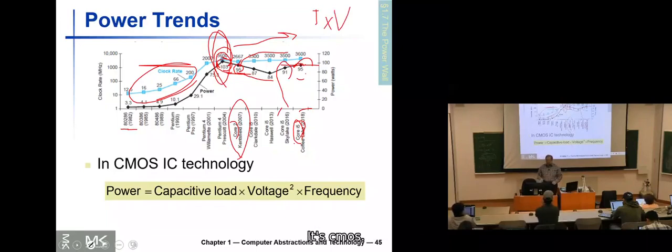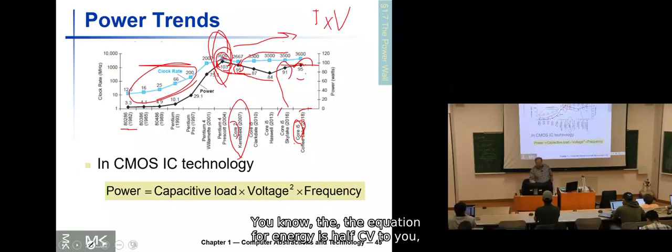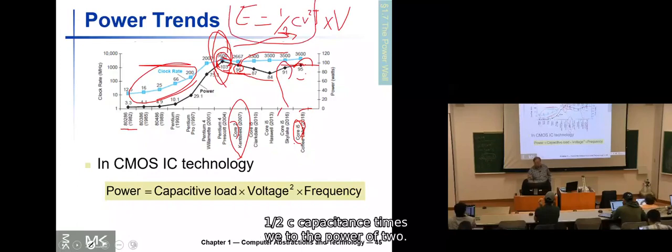But dynamic power is this. Power is C times V squared times frequency. You know the equation for energy is 1/2 C V squared. I guess you know this equation.